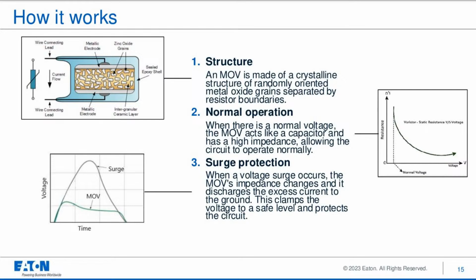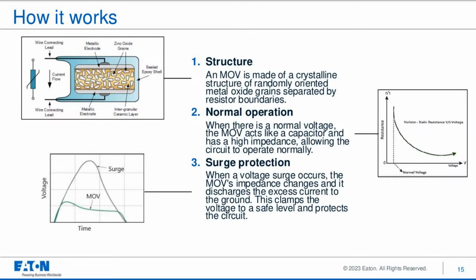MOVs are clamping devices with nonlinear current voltage characteristics. What this means is that MOVs have a high resistance at low voltages and a low resistance at high voltages, which means that they can discharge excess current to ground when wired in parallel with downstream components.